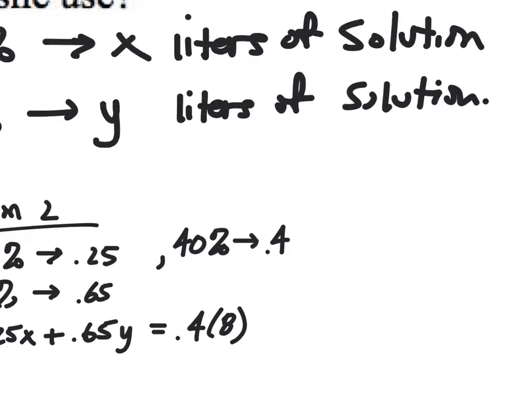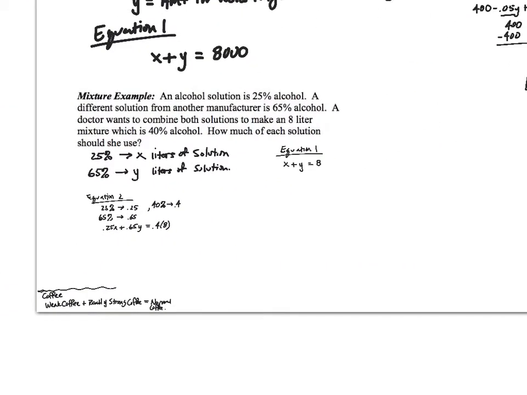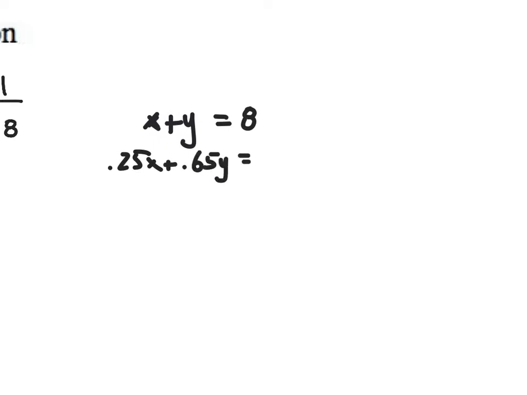So now, let's write it out over here. Okay, if I have x plus y is equal to 8, and if I have 0.25x plus 0.65y, that's going to give me 0.4 times 8.